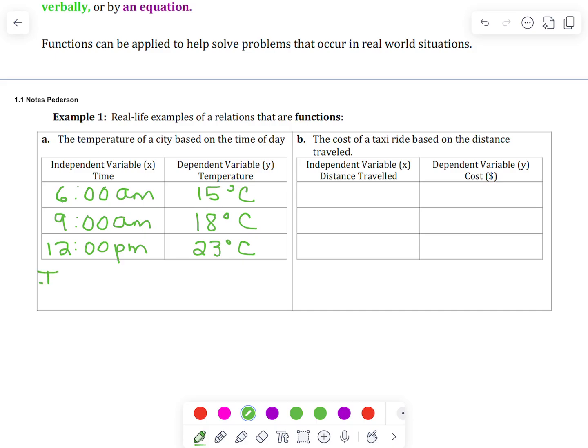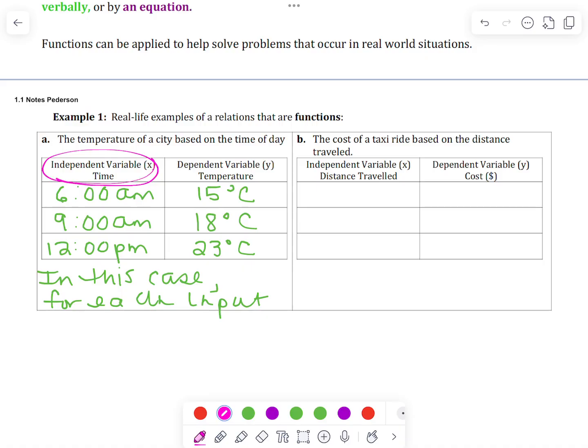So in this case, for each input, so these are all the inputs, there's exactly one output.